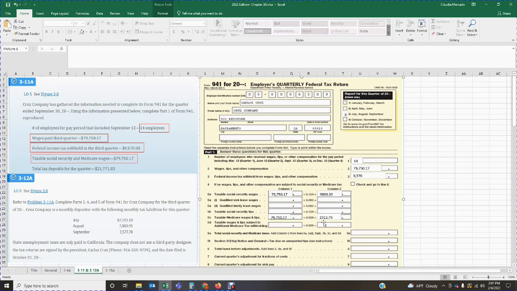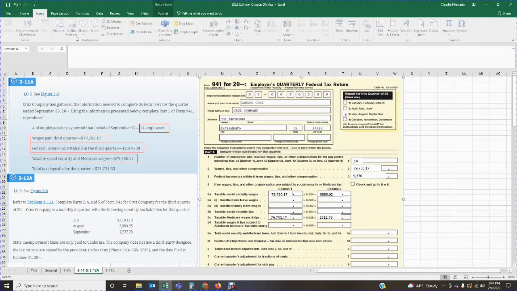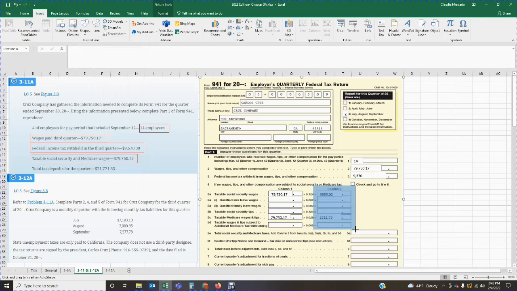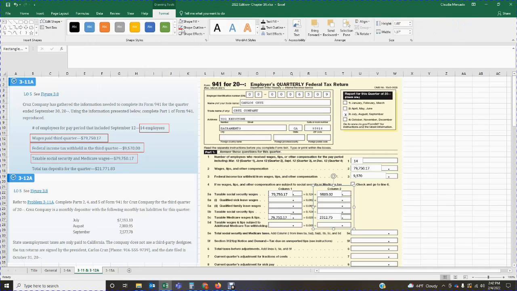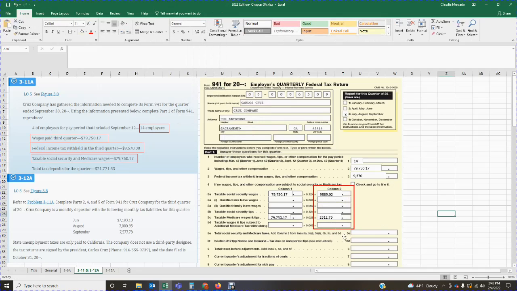Okay? 5E. Total Social Security and Medicare taxes. We're going to add column 2. So we're adding this column right here. We're adding the numbers in that column and we're going to enter the total in 5E.